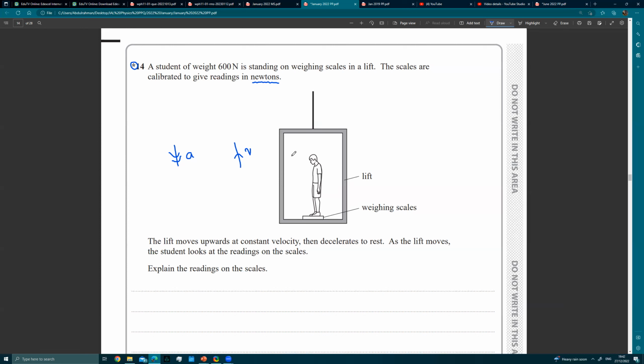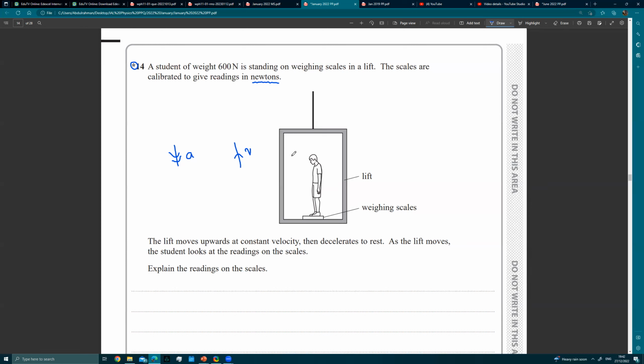Okay, sir. Initially, as the lift moves upwards, it's moving at constant velocity, which means there's no resultant force. So the weight that the student exerts on the scale and the lift is equal to the reaction force exerted from the lift onto the person, which gives the reading of the scale.